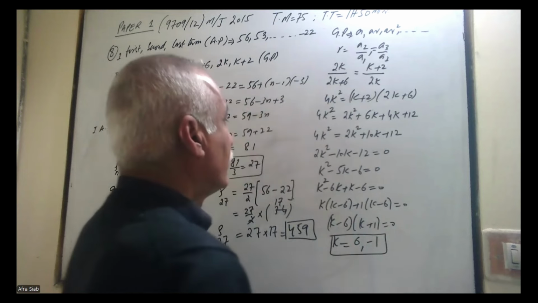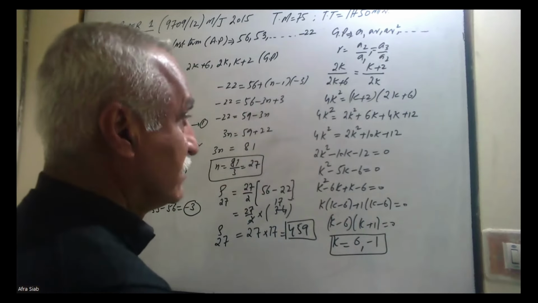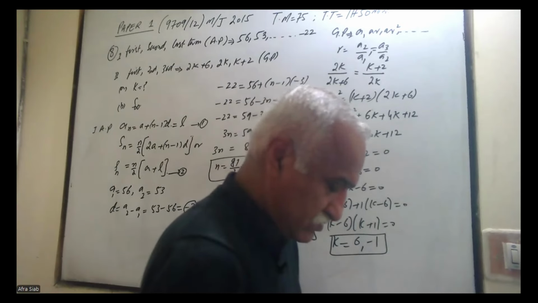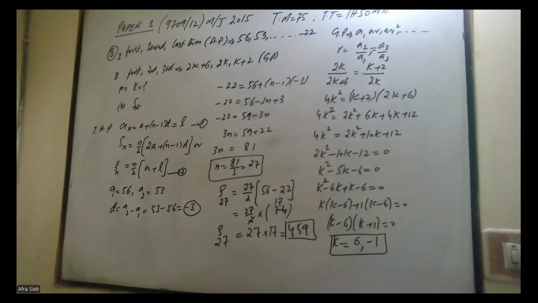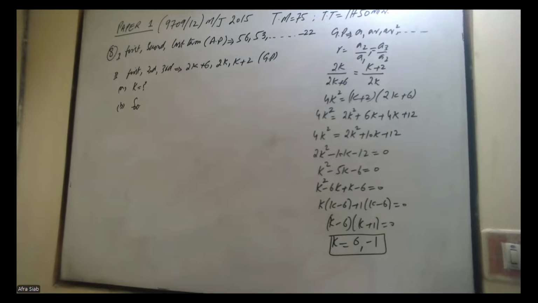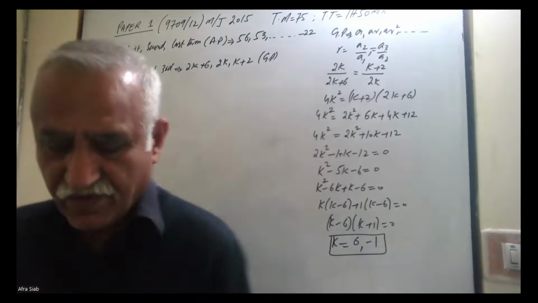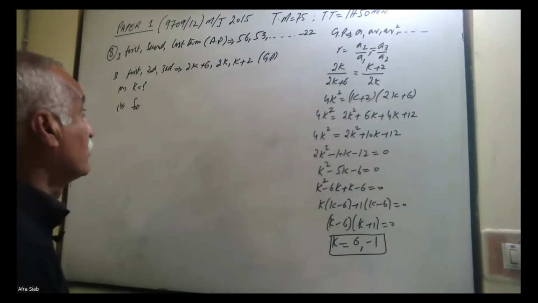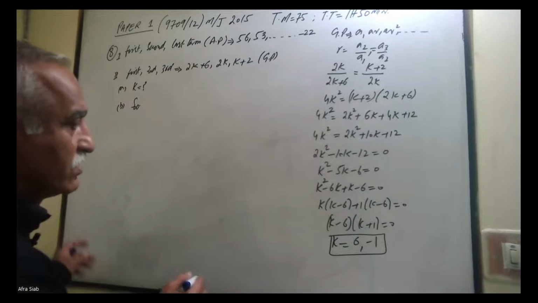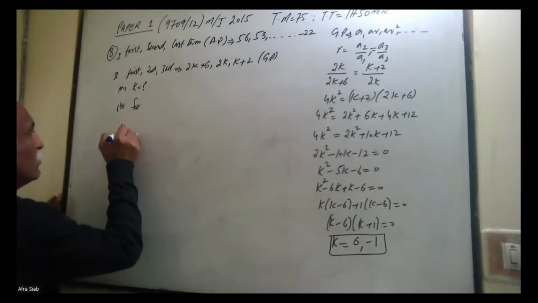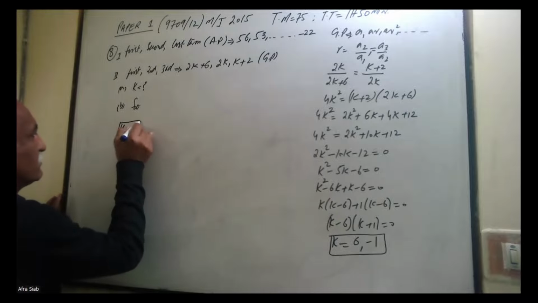But minus 1 is not possible because k is a positive constant. So the k value will be taken as 6.